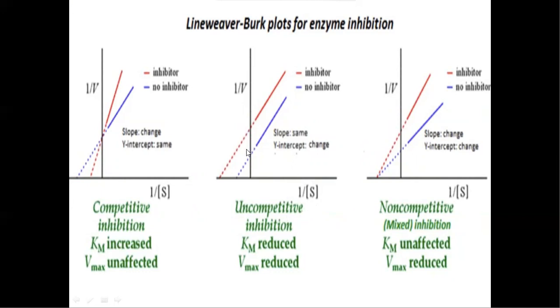Here the Vmax values will be reduced, and the Km values will also be reduced. In non-competitive mixed inhibition, the Km values will be unaffected, but the Vmax values will be reduced. So by this Lineweaver-Burk plot, we can easily identify different types of enzyme inhibition, as well as enzyme activators.